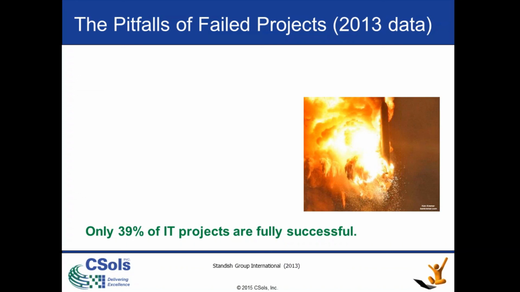What that means is they are built on time, within budget, and implement all of the documented requirements. And I'm sure that a lot of you out there that have worked on projects know it's very difficult to satisfy all of those three constraints when you're implementing a project.